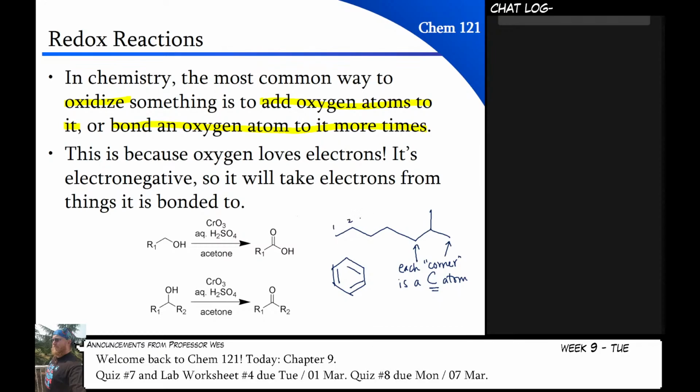There would be 1, 2, 3, 4, 5, 6, at this junction in the middle 7, and then 8 at the terminals. So there would be 8 carbons in that diagram. In this benzene ring here, there would be 6 carbons, 1 for each point on the hexagon.